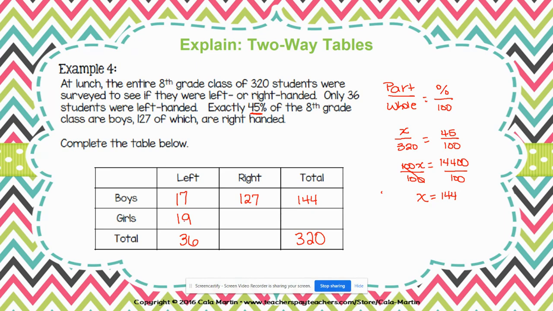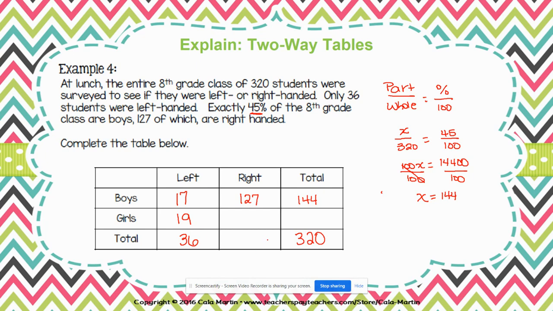I can't really do anything with the girls' data because I have 2 missing spaces here. I can't do anything with the right-handed data, again, because I have 2 missing spaces. But I can do something with the total because I only have 1 missing space. I know that there are 320 total students, and according to this, 36 of them were left-handed.